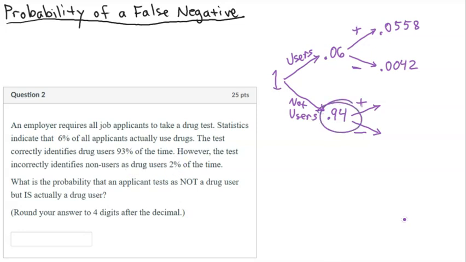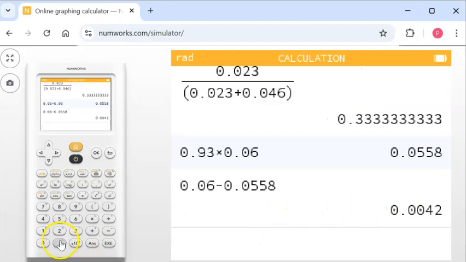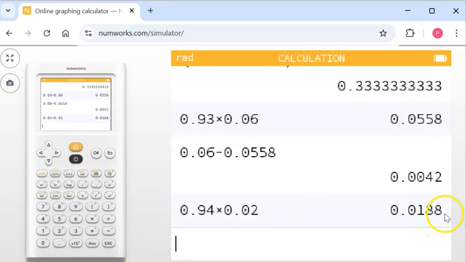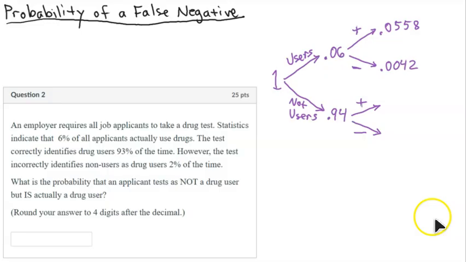So 2% of this 0.94, that's 0.02 of them. So of the 0.94 times 0.02, 2% of the 0.94 that are not drug users are actually going to be identified as drug users. That's 0.0188.